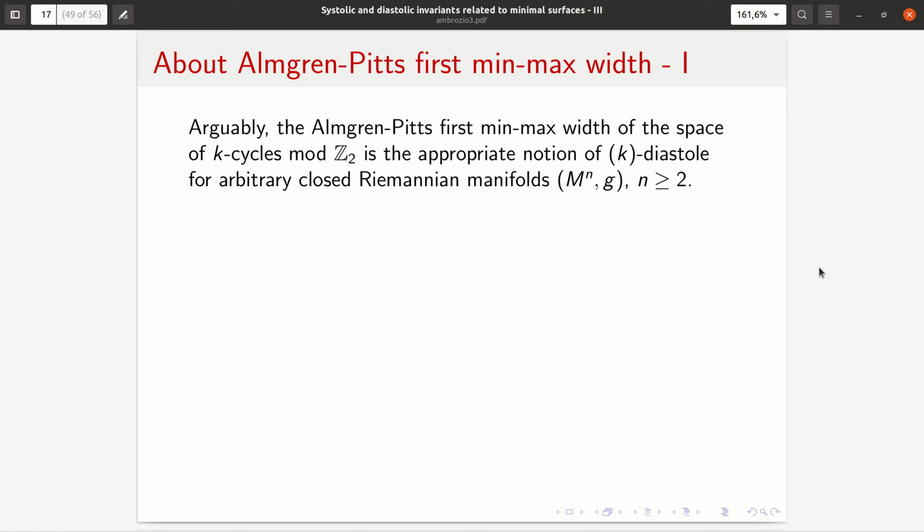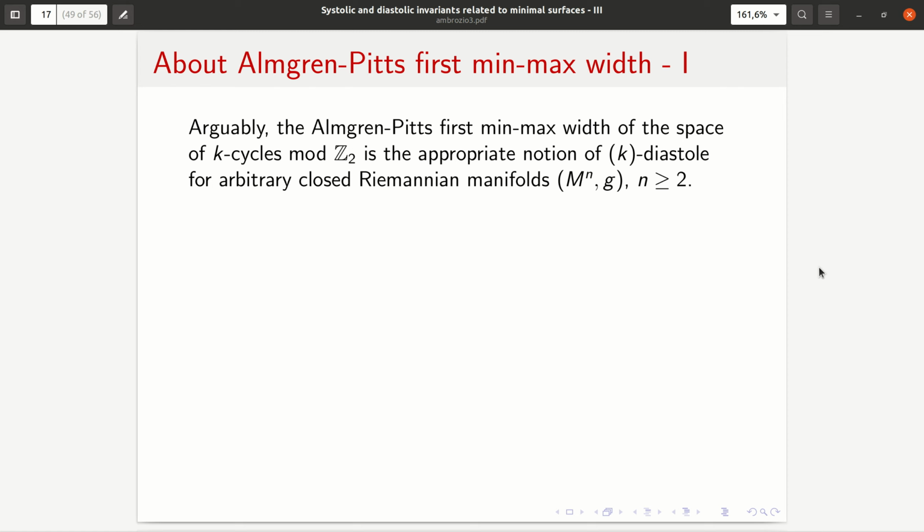But there are other theories that allow other topologies and also more general objects than embedded two-spheres. And the more sweep-outs you allow, right? So if you think about the definition of the diastole that I gave, the more sweep-outs you allow, the smaller will be the diastole, the min-max number that is associated to your min-max procedure.